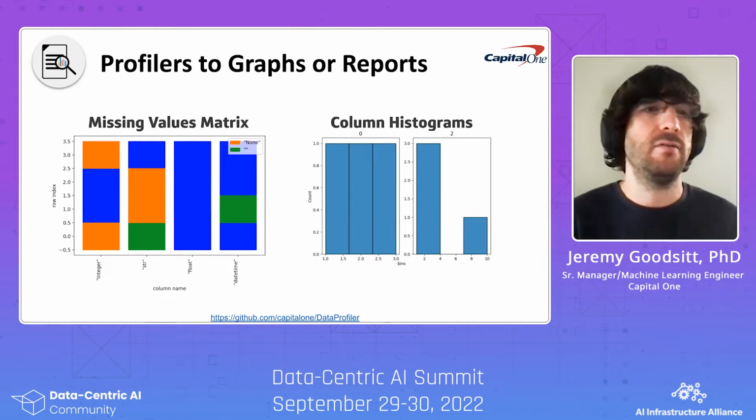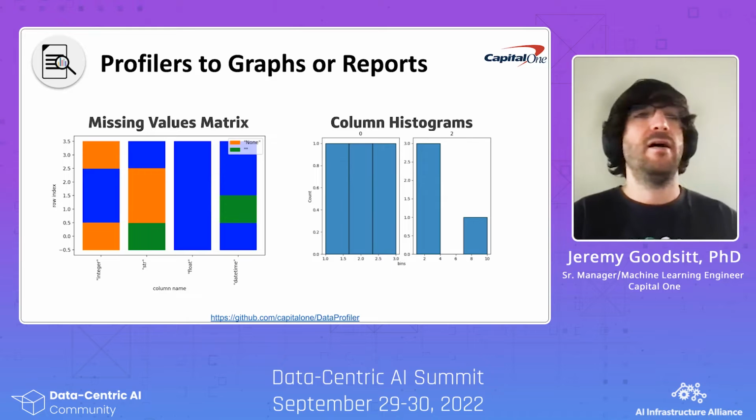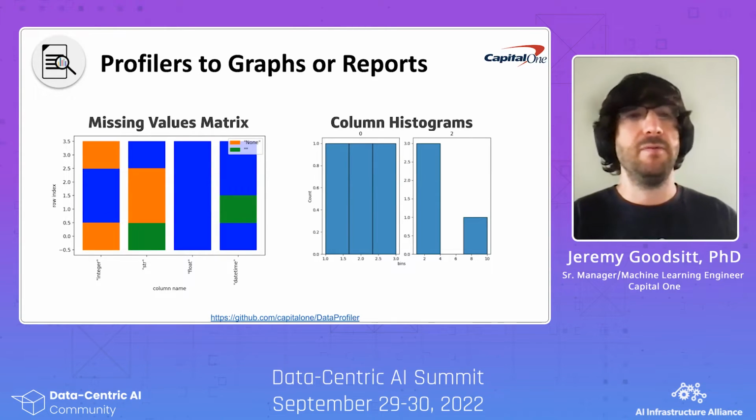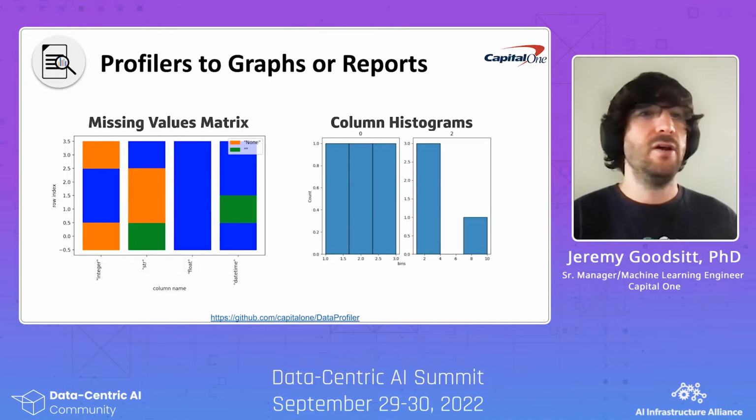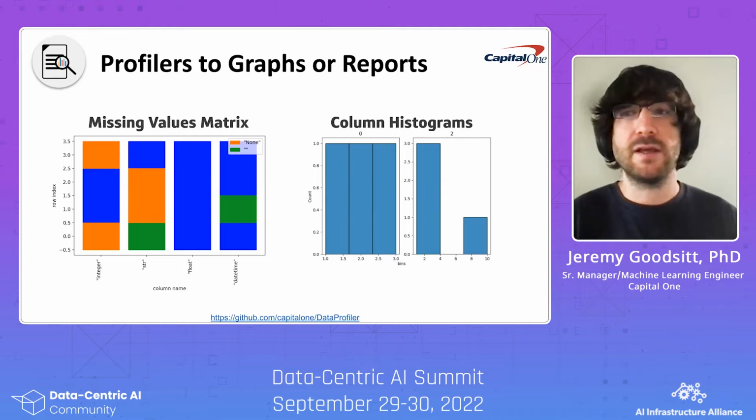And this is just some simple examples. Obviously, understanding null value correlations or where null values might be missing, or the distribution within a data set to explain why one data set might be performing differently.